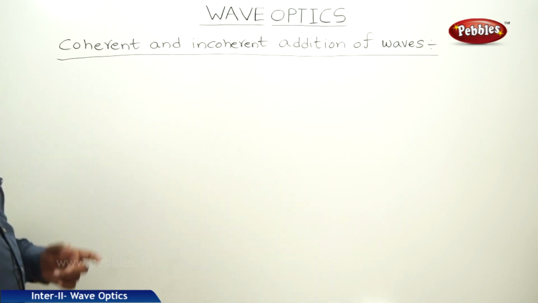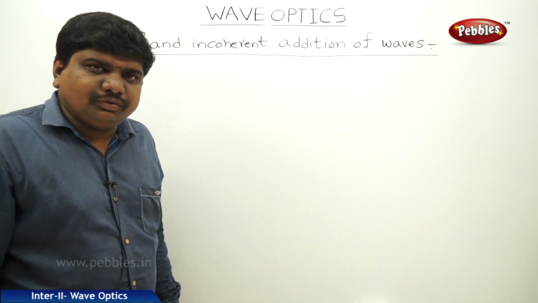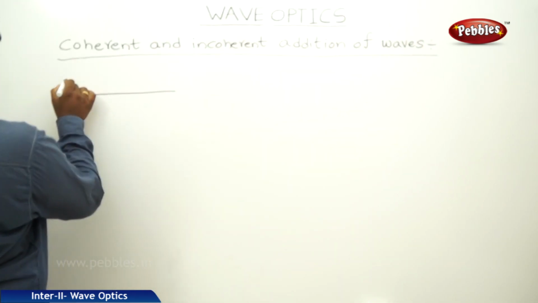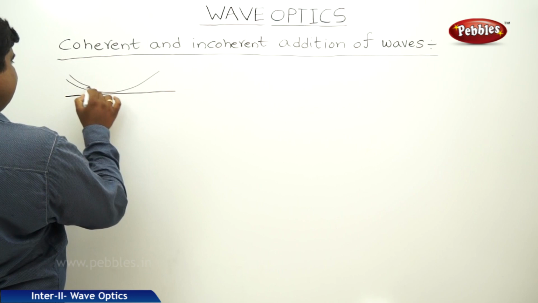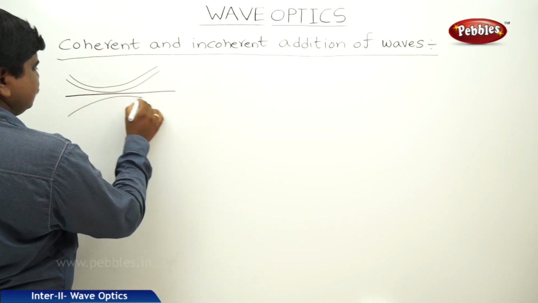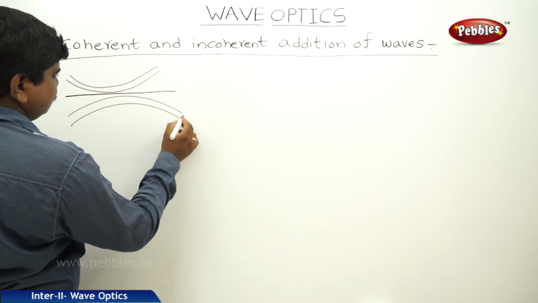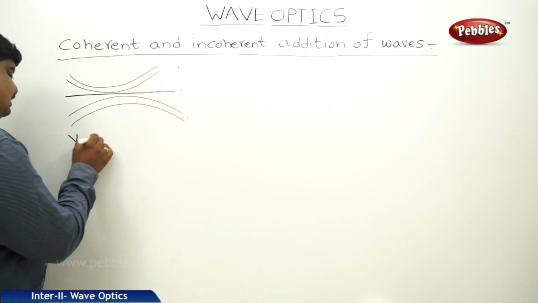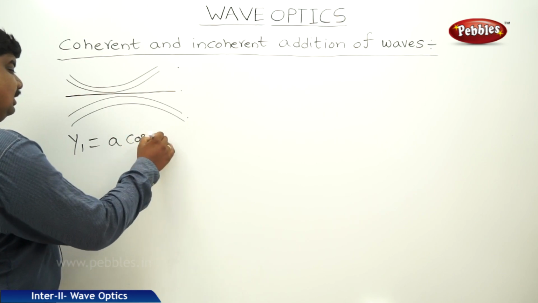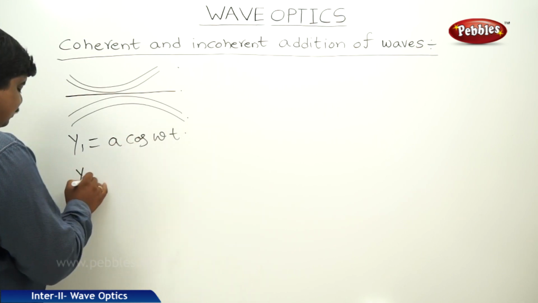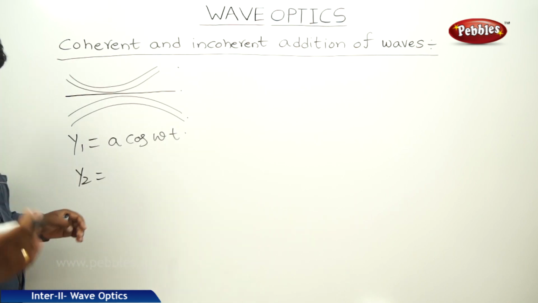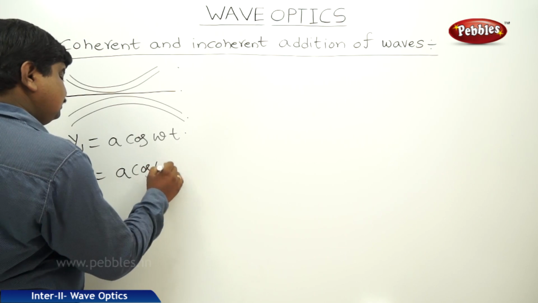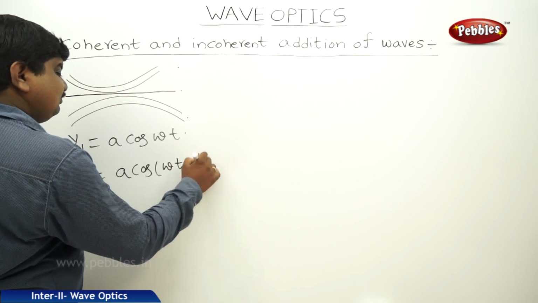So if two sources are there, according to an arbitrary surface G, their intensities are distributed like this. The first source has displacement y1 is equal to a cos omega t. The second source is maintaining some constant phase difference with the first source. Therefore, it will be a cos (omega t plus phi).